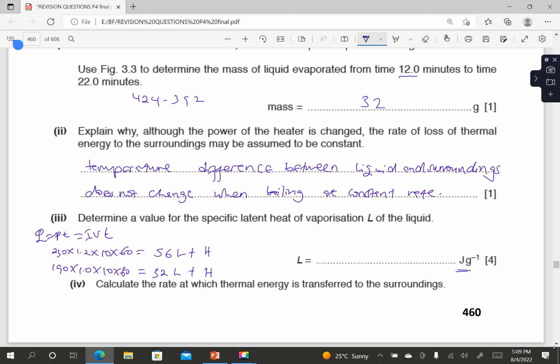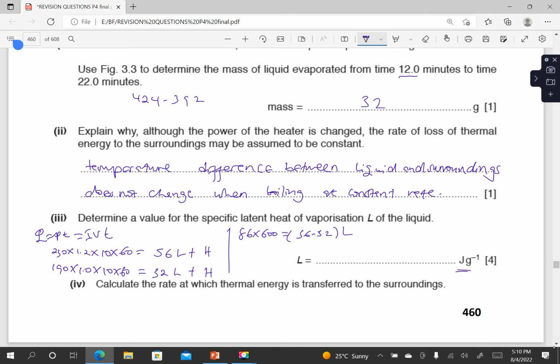I'm now subtracting: 230 minus, that is, 2, I think 600 is the factor which is common. So I have 86 times 600 on my left. On my right, I have 56 minus 32, then times L.